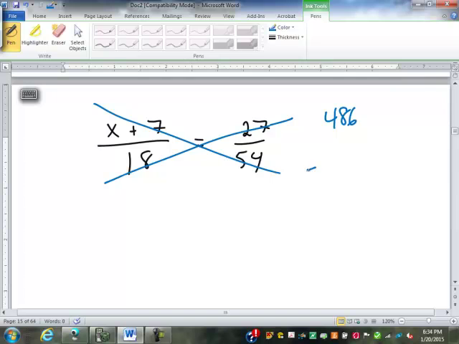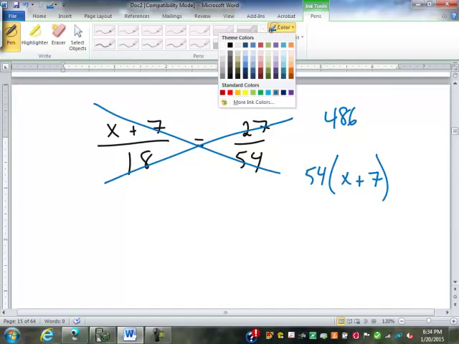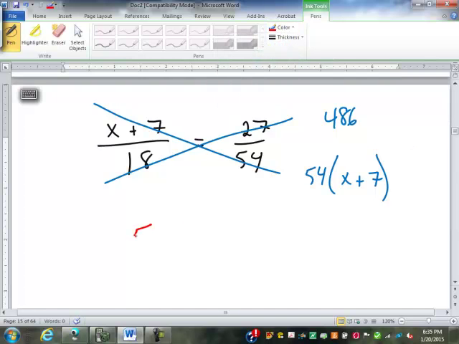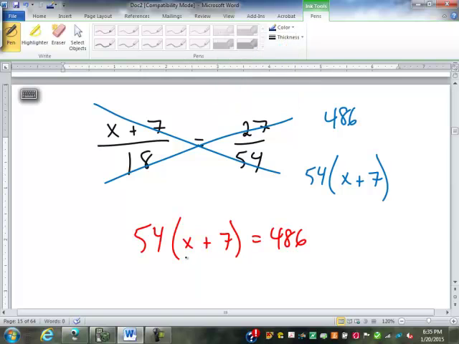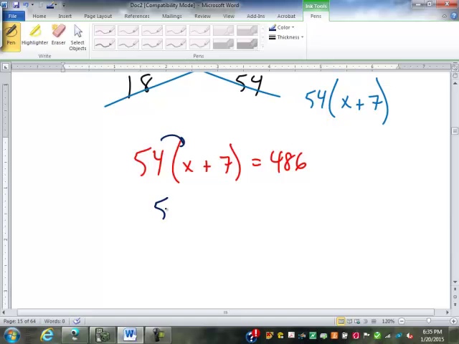Going this way, it's a little more difficult. X plus 7 times 54, well, it's 54 times x plus 7. Those two have to be equal. So 54 times x plus 7 has to equal 486. We're going to distribute here. 54 times x is 54x plus 54 times 7 is 378.